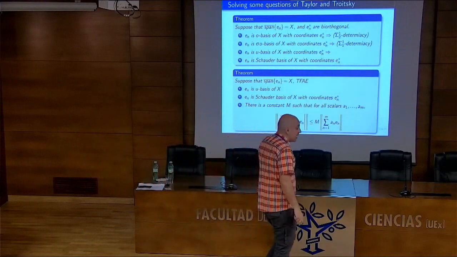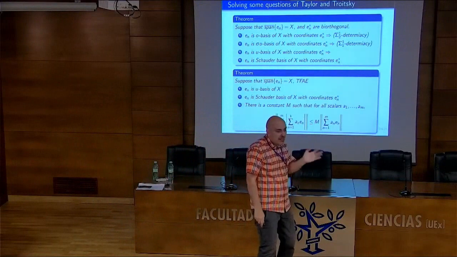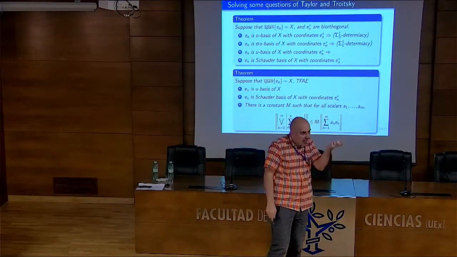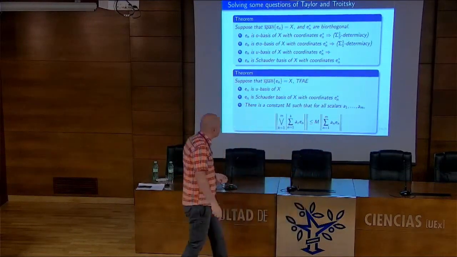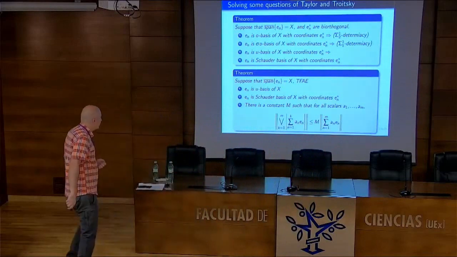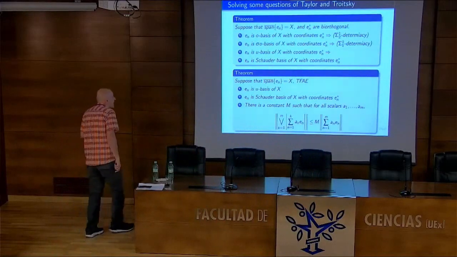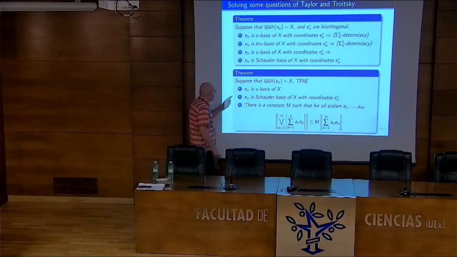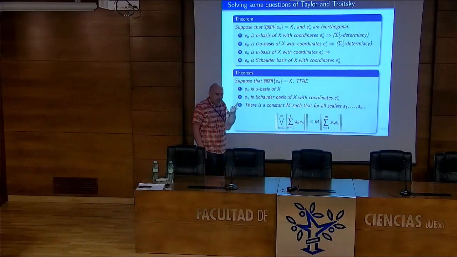But the uniform one is independent of the ambient space. It's not obvious at first sight, but it happens to be so. And there is a way to characterize when a sequence is a uniform basis, again under this assumption that the elements are dense in X.